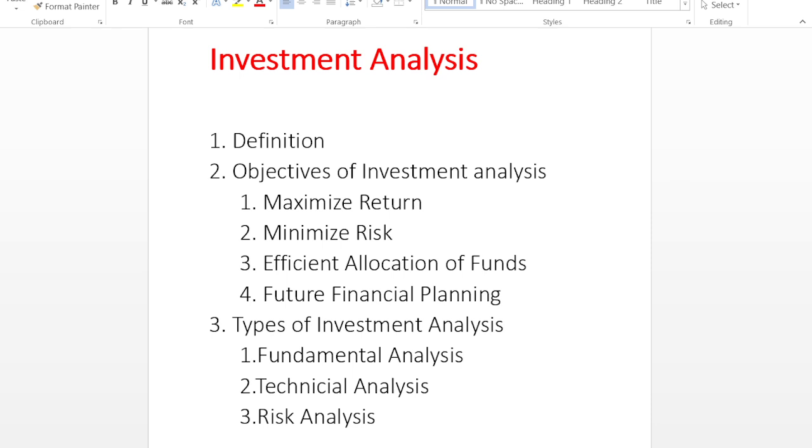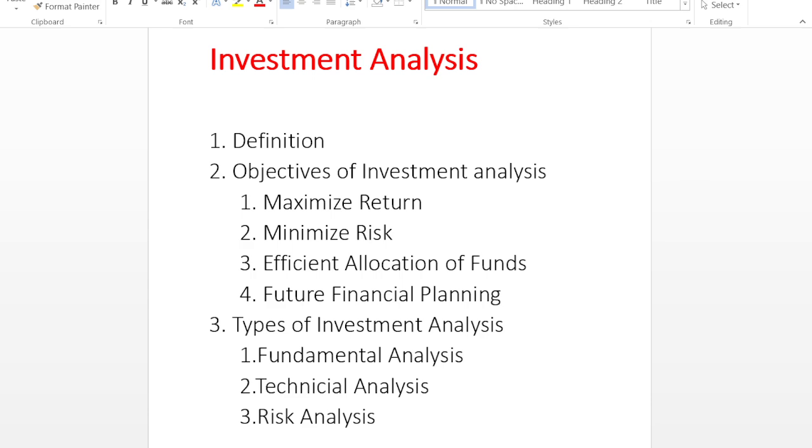So when you are investing the money, the investor will think about the highest possible profit or maximum return. That is one objective of investment analysis. Second one, minimize the risk. You have to think about the financial losses, nothing but to reduce the chances of financial losses. This is one more objective of investment analysis.